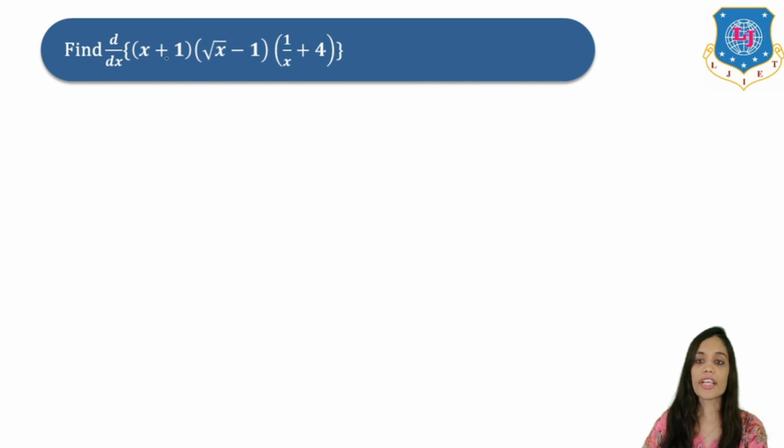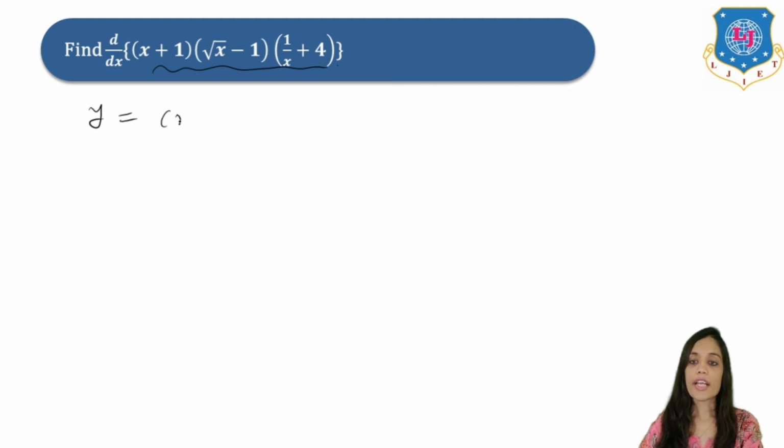Here you have to do the derivative of these terms. Now I will show you an easy technique how to do the derivative of this example using log. So firstly I will assume my y as (x plus 1) into root (x minus 1) into 1 upon (x plus 4).